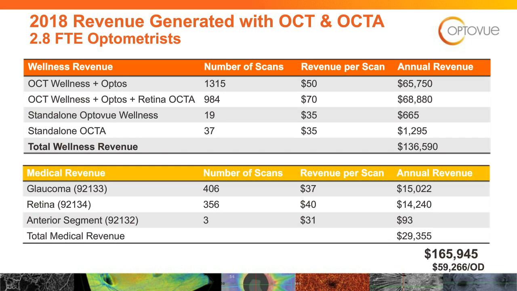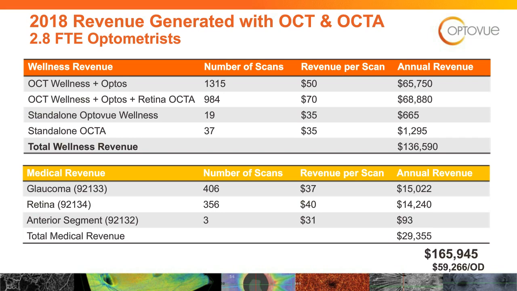We don't send a lot of things out, and you can see glaucoma was leading the way with 406. We had Retina at 353. Anterior segment, we use it a lot more for the scleral fittings, but obviously insurance doesn't pay for that. We had a few insurance companies pay for the 92132.